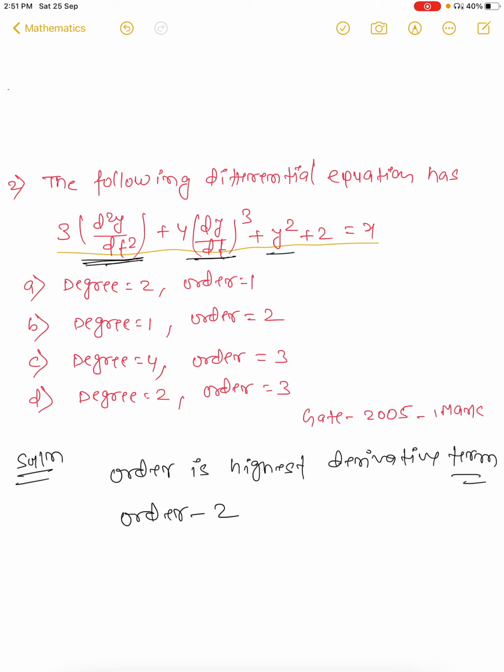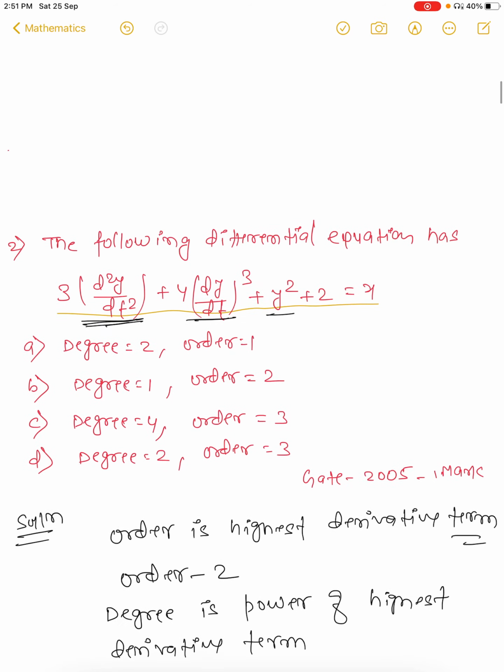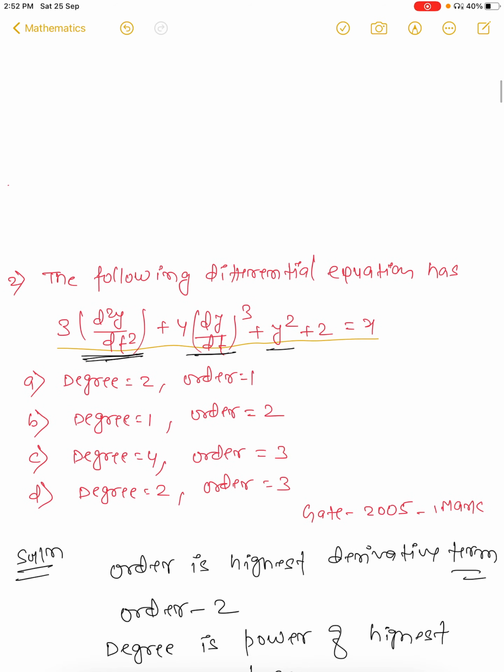So order will be 2, and degree will be 1 because the highest power is 1. So option B will be the right answer.